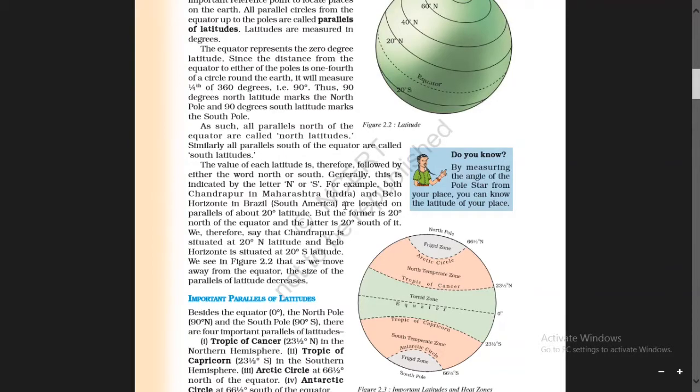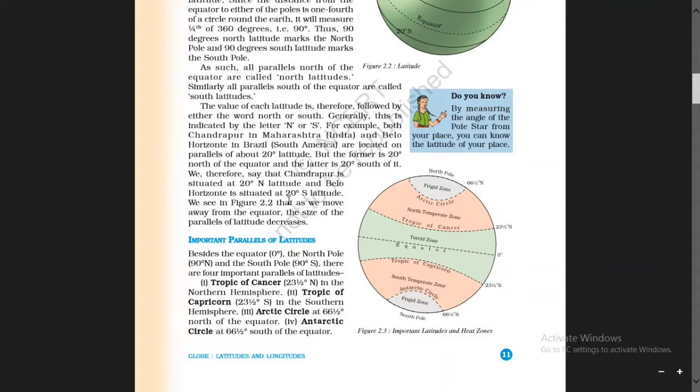We therefore say that Chandrapur is situated at 20 degrees north latitude, and Belo Horizonte is situated at 20 degrees south latitude.